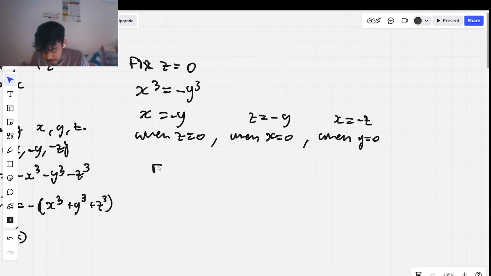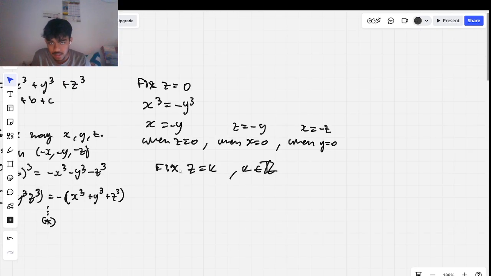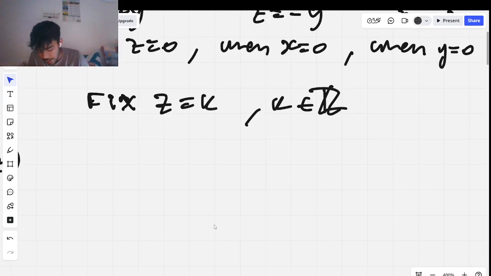Okay, so let me fix z equals to k. K is an integer. Very nice. Okay, so k equals 1.